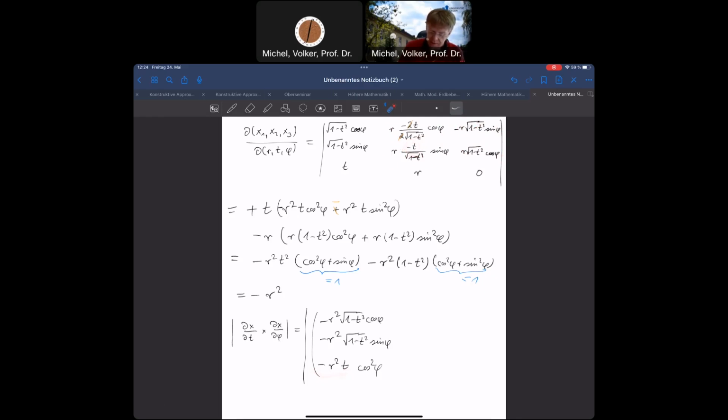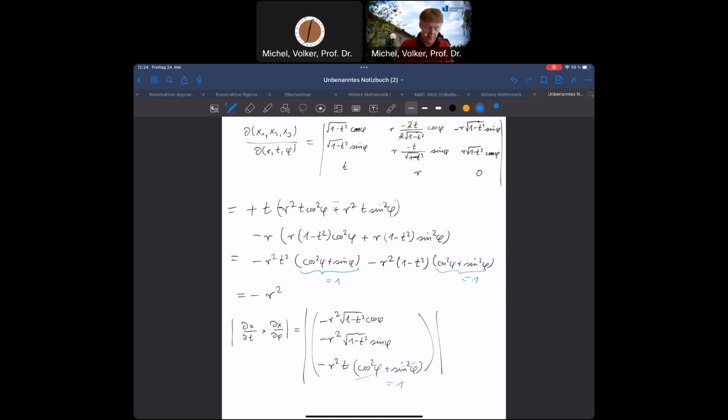It's again minus r squared t, what we get by multiplying these here and taking care of the additional minus which you get from the cross product. It's a minus r squared t that you have. But now it's multiplied with a sine squared phi. I can already write this here like that. Okay. So, and again, this is 1.